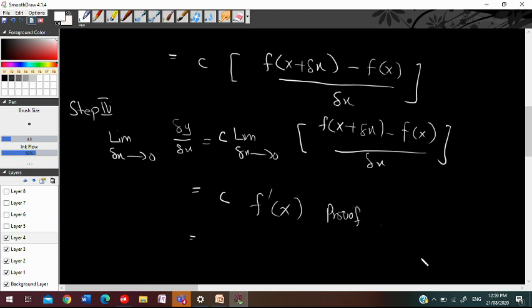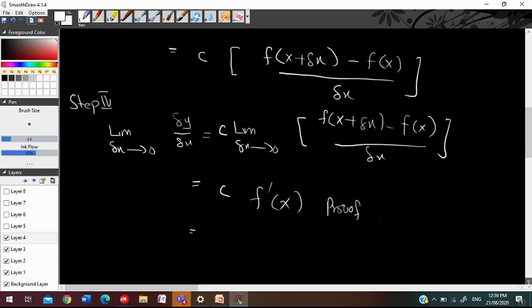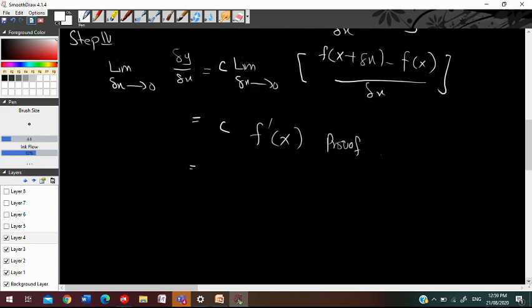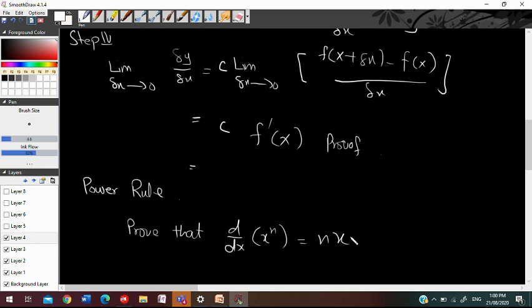Now the third is the power rule. In the power rule, we have to prove that d by dx of x^n is equal to n x^(n-1). You can apply this theorem and solve it very easily.